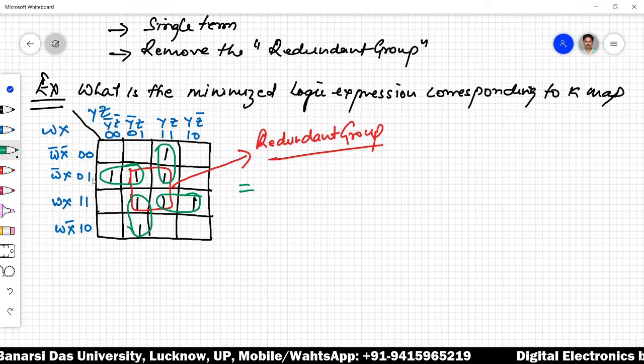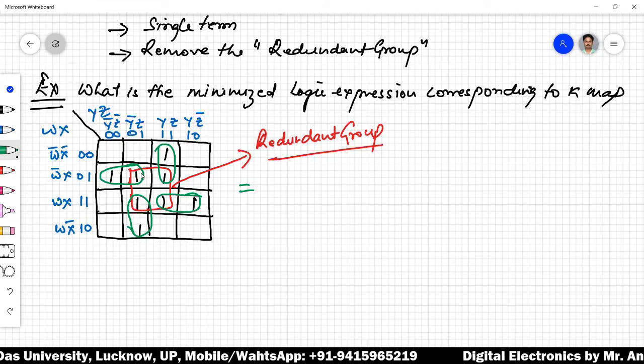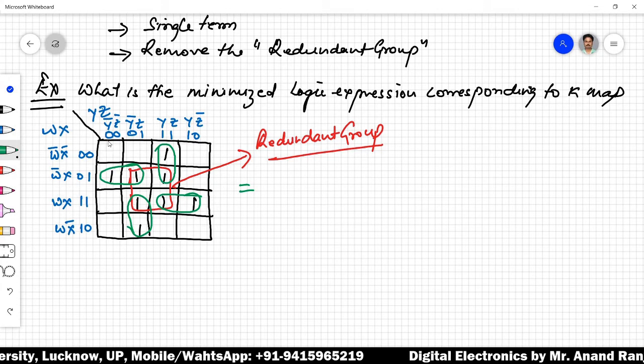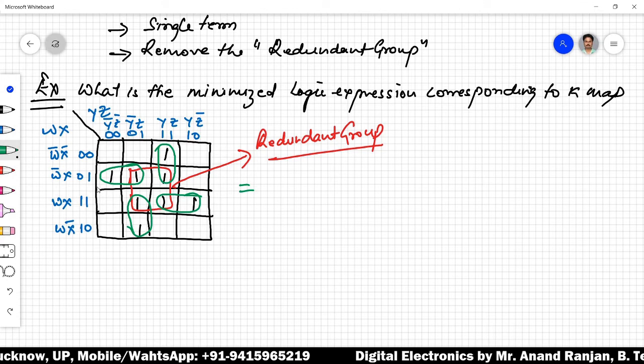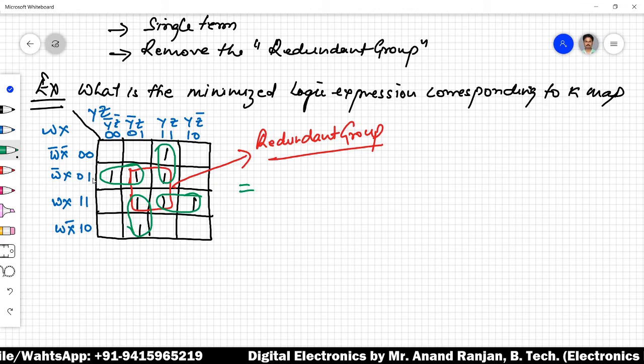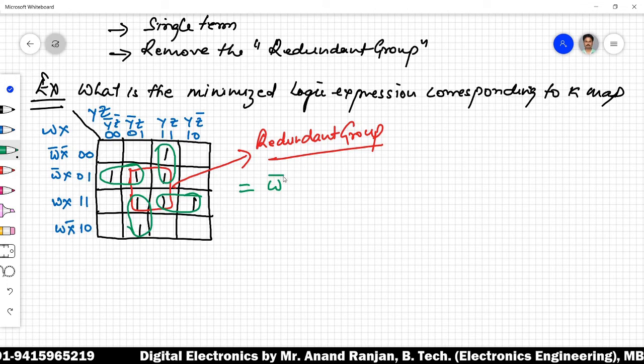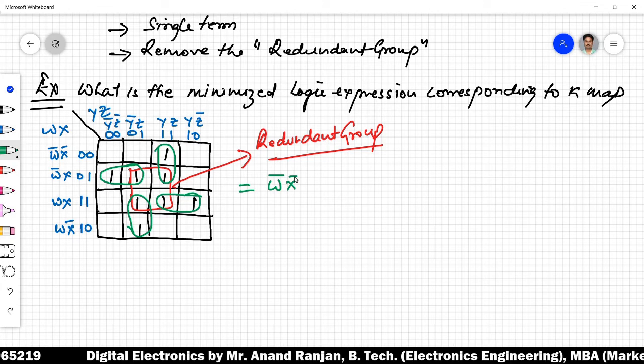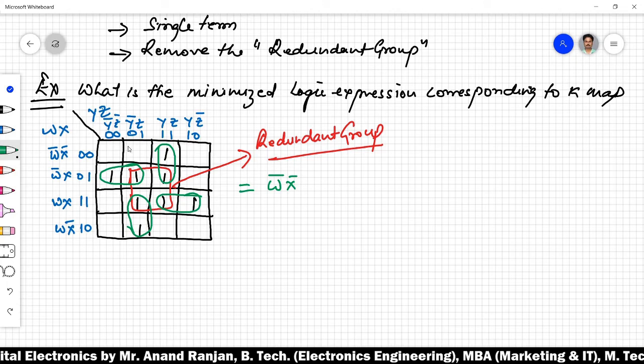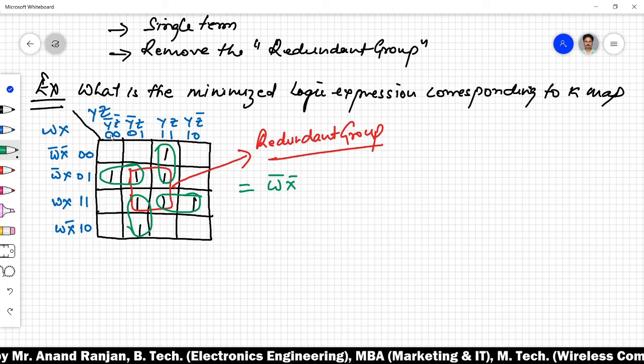Let us start with the first pair. When you look at this pair, row-wise and column-wise you search for the common attributes. Row-wise, on both the cells you have W bar X, and if you look in the column section, you have the common Y bar.